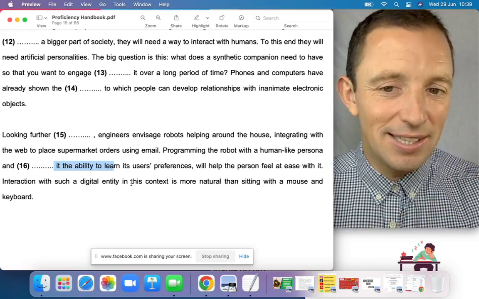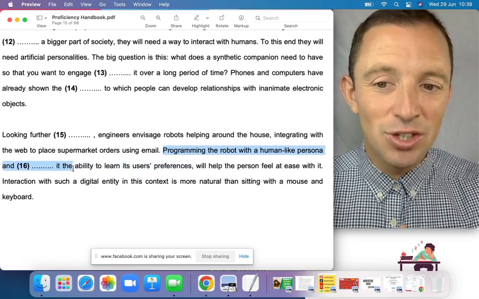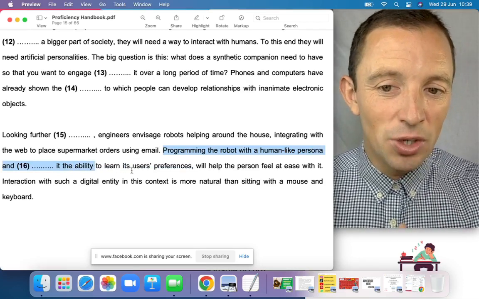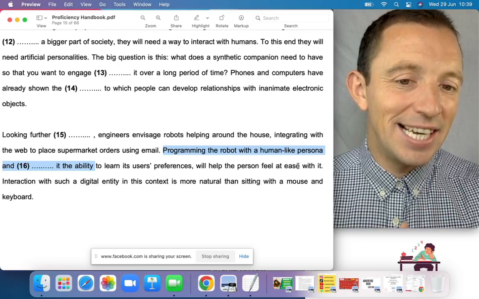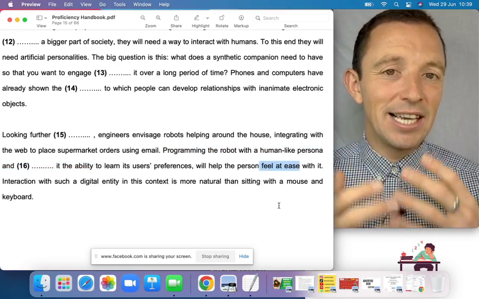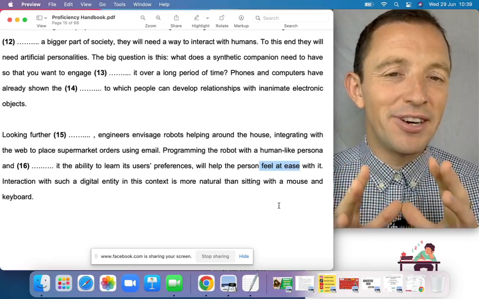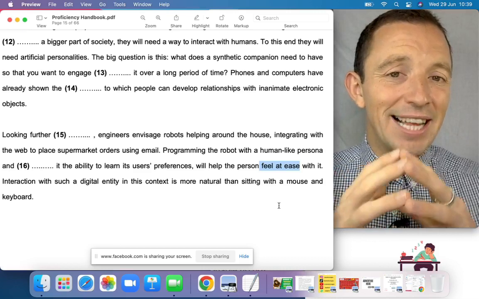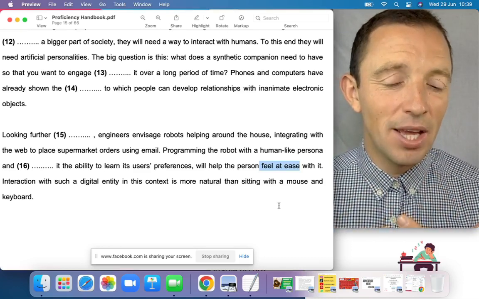Okay, so let's read that sentence again. Programming the robot with a human-like persona and something the ability to learn its users' preferences will help the person feel at ease. This is a very important expression. To feel at ease means to feel comfortable, to feel very calm, to feel very easy with something. If you feel at ease, this means you feel very calm, you feel very relaxed.